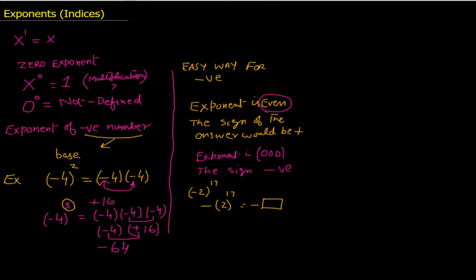But the most important thing is that you have to take sign into consideration. Sign is important for exponents with a negative base. So this is the summary of this section.